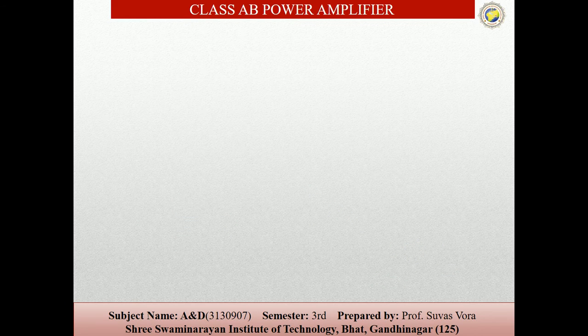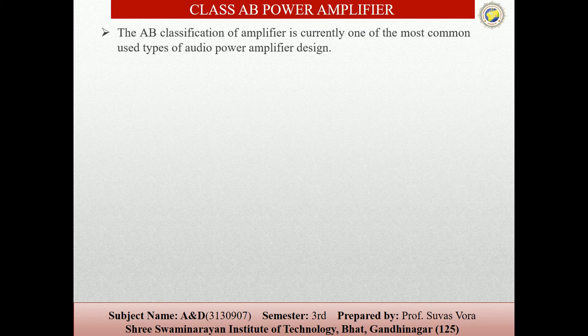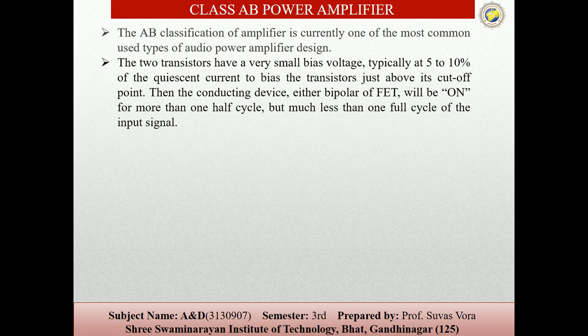Then after that, class AB power amplifiers. The class AB amplifier is currently one of the most common types of audio power transistor design. The two transistors have a very small base bias voltage, typically 5 to 10% of the quiescent current, biasing the transistors just above the cutoff portion.